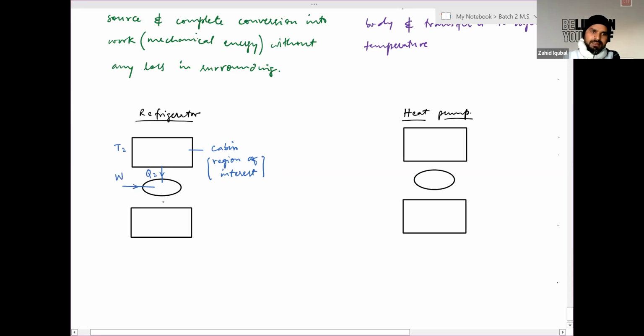It ejects a large amount of heat into the surrounding, that is at some higher temperature. So to move heat from the lower temperature body, that is the cabin or compartment of the fridge, to the higher temperature body, that is the outer surrounding, we must do some external work by the compressor. Is it clear?